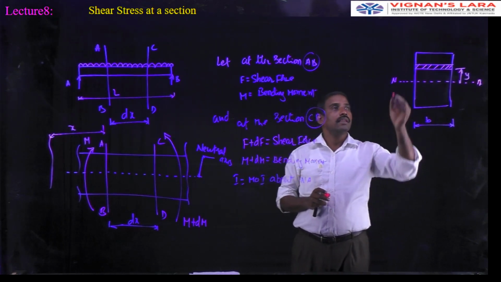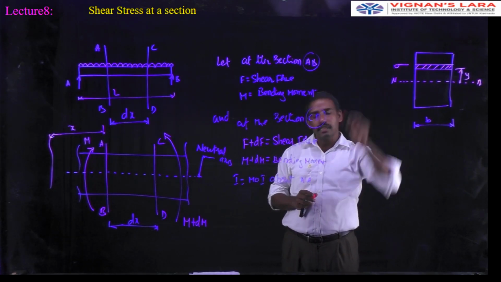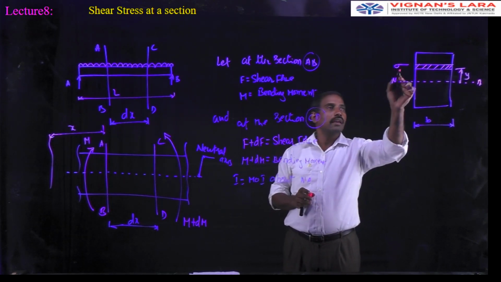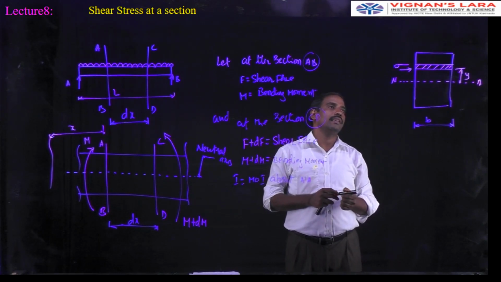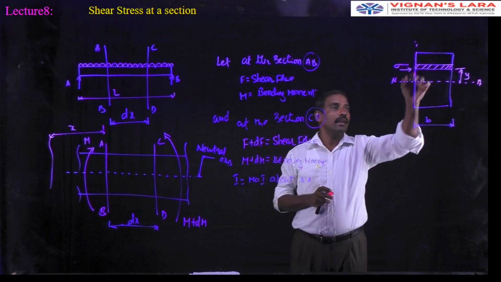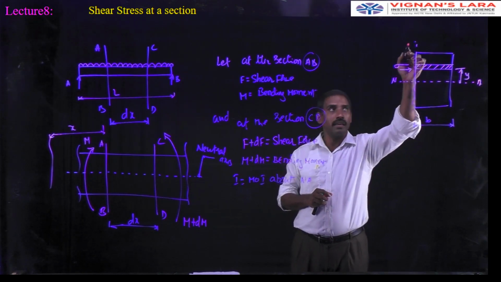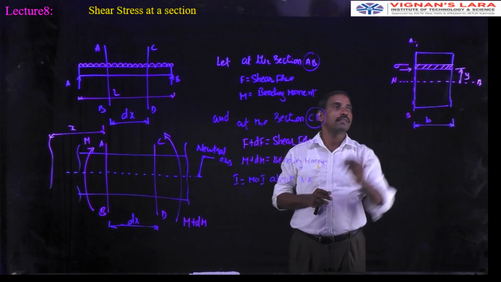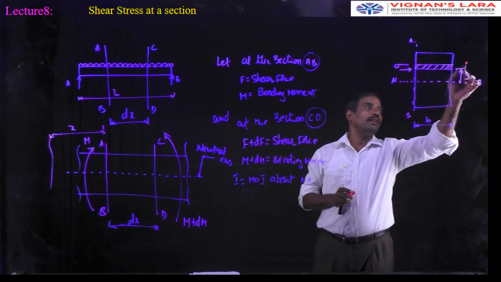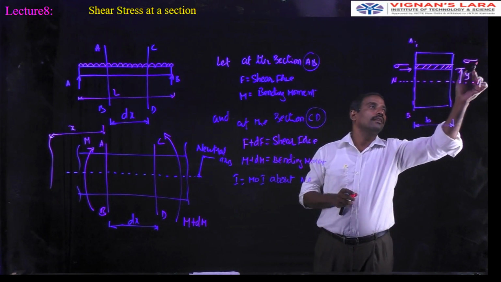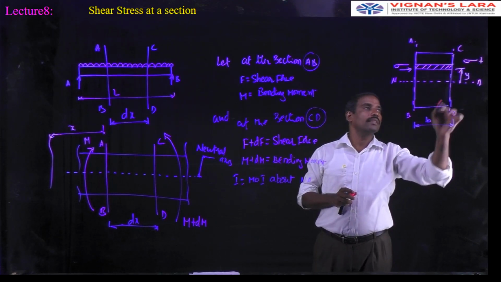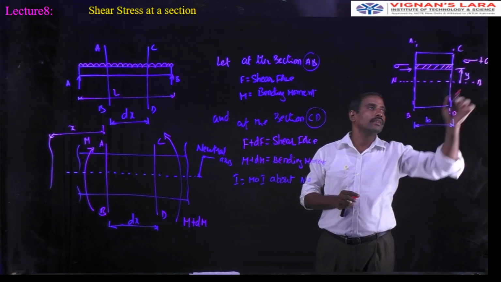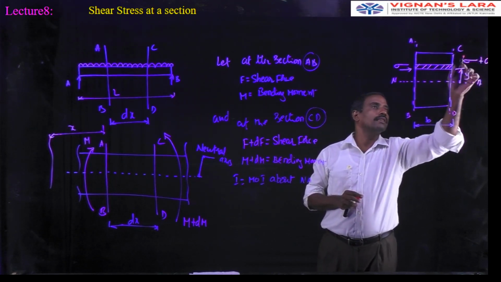Let us assume there is a stress induced at a particular layer at a distance y from the neutral axis at the section AB, say sigma. Similarly, there is a stress at the section CD, as shown in the figure, sigma plus d sigma.